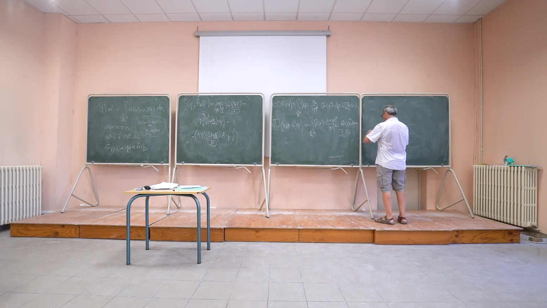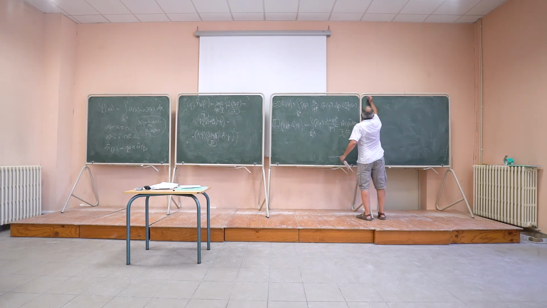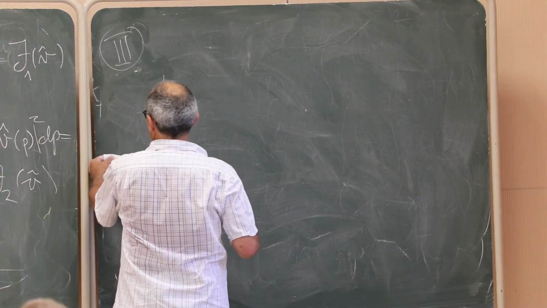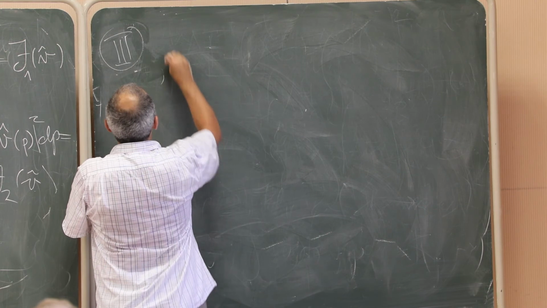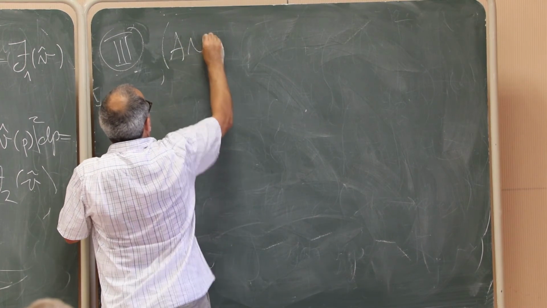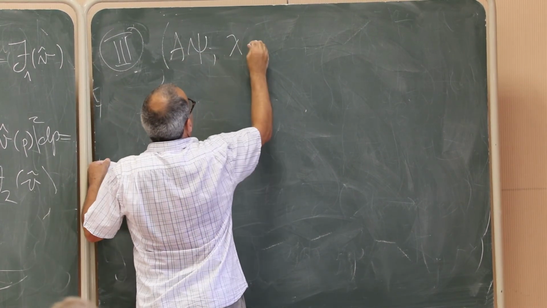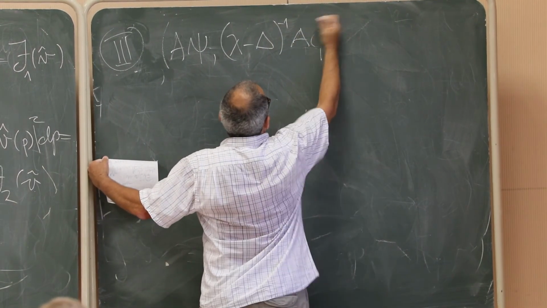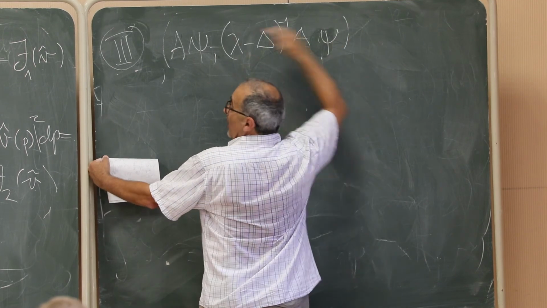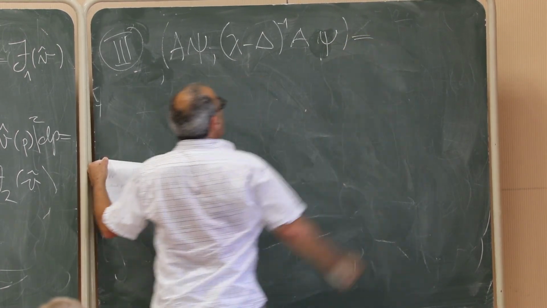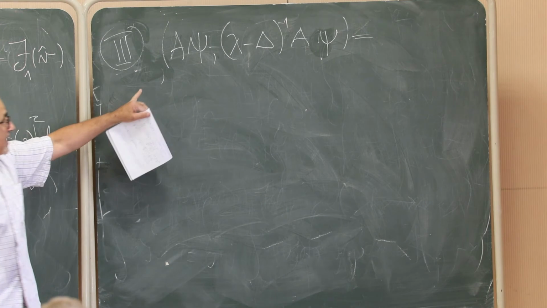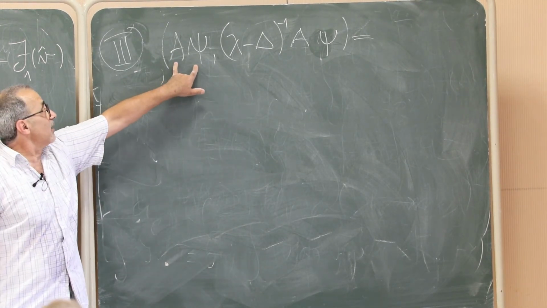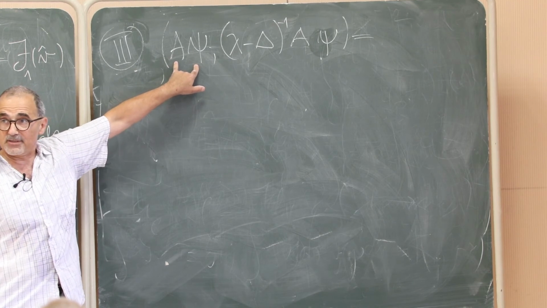Let me not do the computational part, just write down the third. All computations are to be found in that paper actually, and they are very beautiful computations. So the first, that means A psi, (1 minus Laplacian) inverse A psi, with psi expressed like that. If you step back 2 steps, you see this will be a quadratic expression in my Gaussian fields.